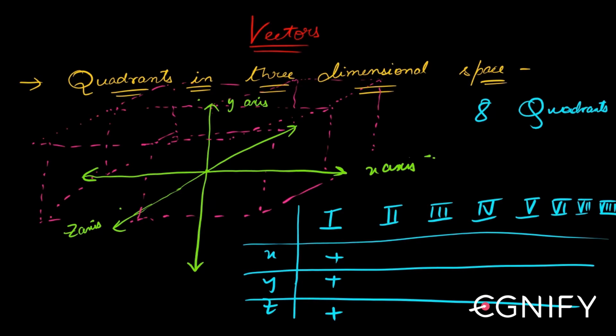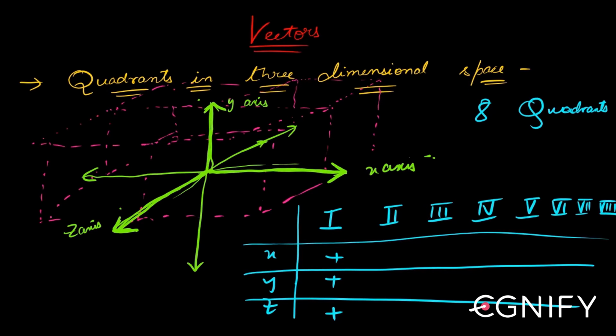Take the arms. This is your plus z axis arm. The one behind is your minus z axis, but this one is your plus z axis arm. This is your plus x axis arm, and this is your plus y axis arm. Now, using these 3 as the corners of the box, imagine a box.